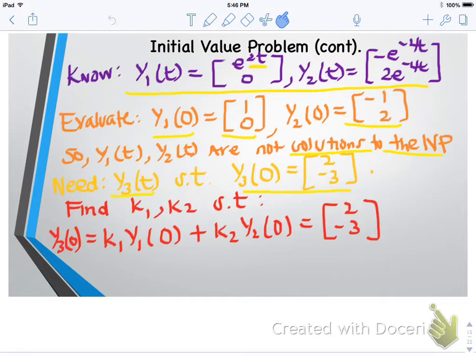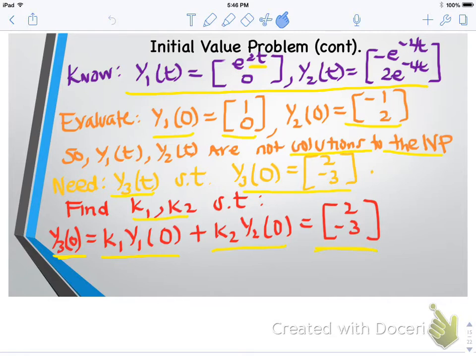Well, we know we can find that because we can take the two solutions we know and two of our parameters, our constants k1 and k2. What we desire is a y sub 3 of 0, which is equal to k1 times y sub 1 of 0 plus k2 times y2 of 0, and in the end, we want that to give us 2, negative 3.